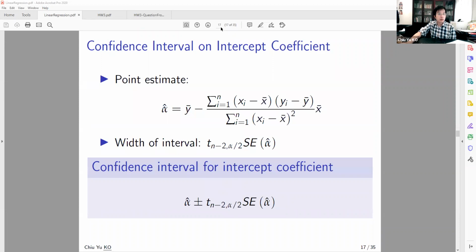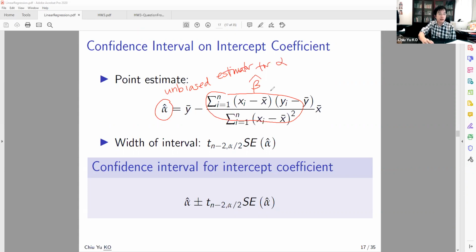And what's the point estimate, right? This is the alpha hat. Why this point estimate? Because this is an unbiased estimator for alpha, right?